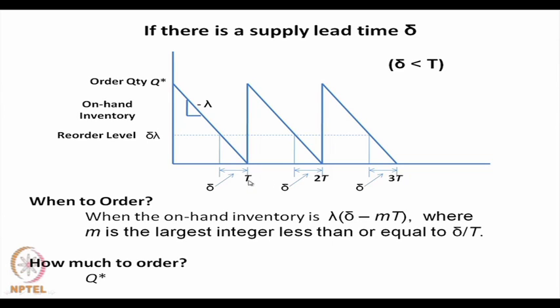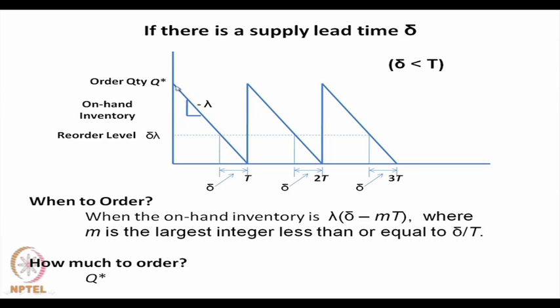So, it is very simple. How much to order remains the same, Q star equals root over 2 lambda K by H, but when to order is delta time before the inventory comes to 0. That means, when the inventory position is delta multiplied by lambda, that is the reorder level.